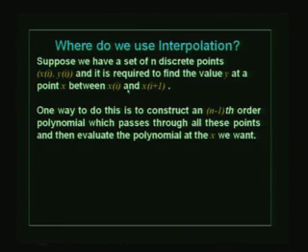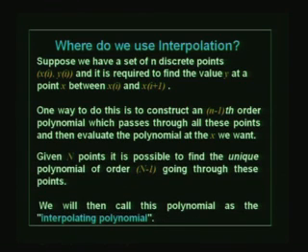You would need that for many things, maybe for finding derivatives or many other such uses. One way to construct such a function is to use a polynomial. If you have n points, we can construct an n minus 1th order polynomial which passes through all these points, and then we can evaluate the polynomial at the point x we want.